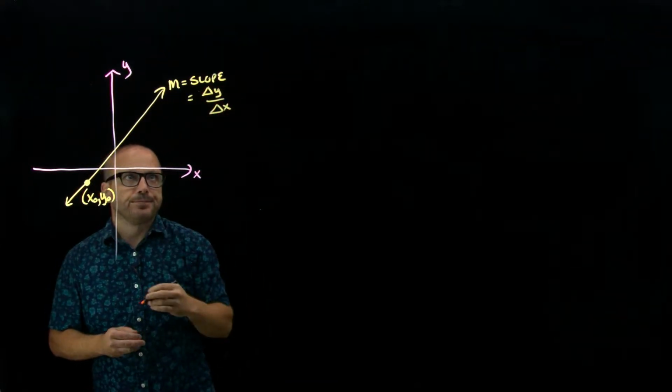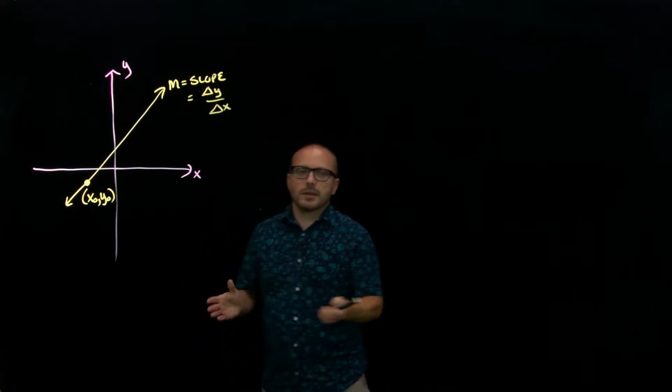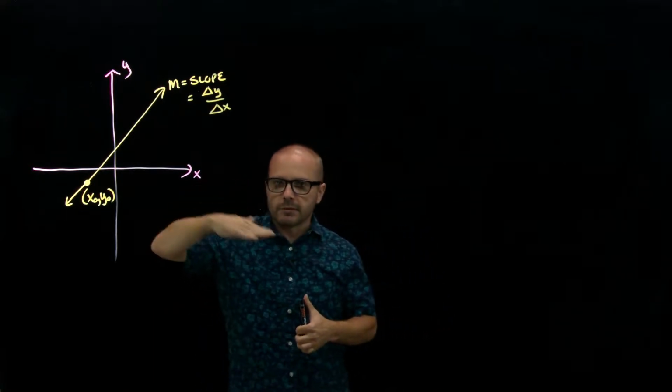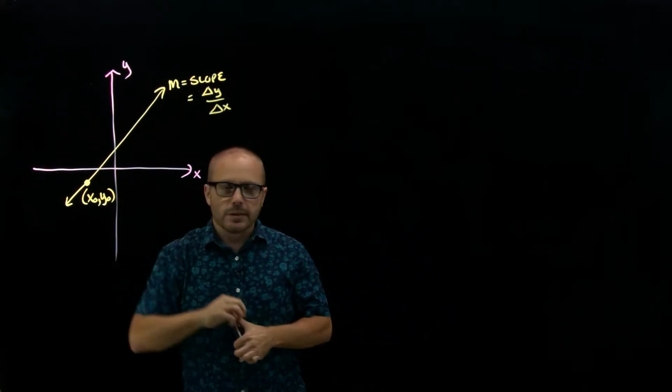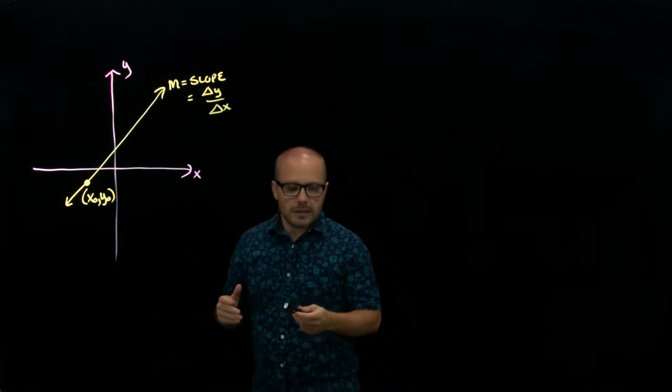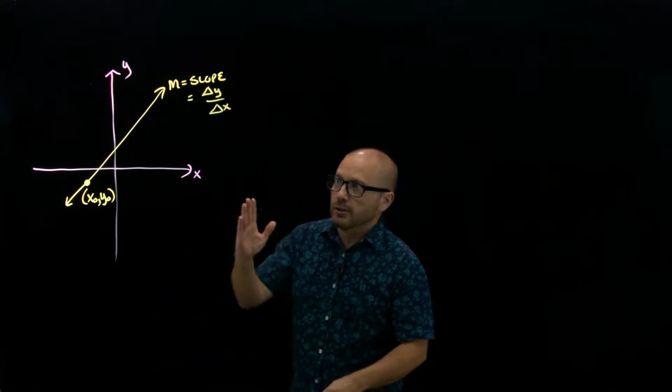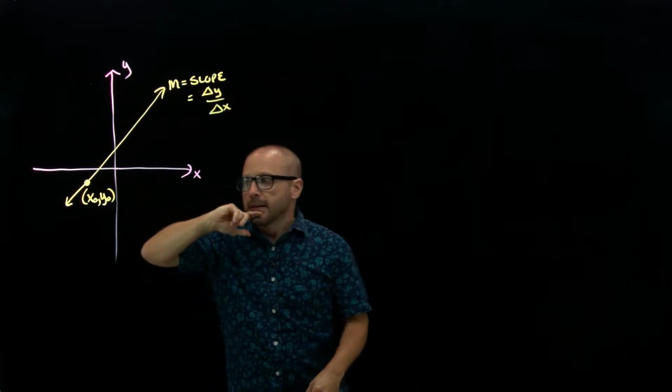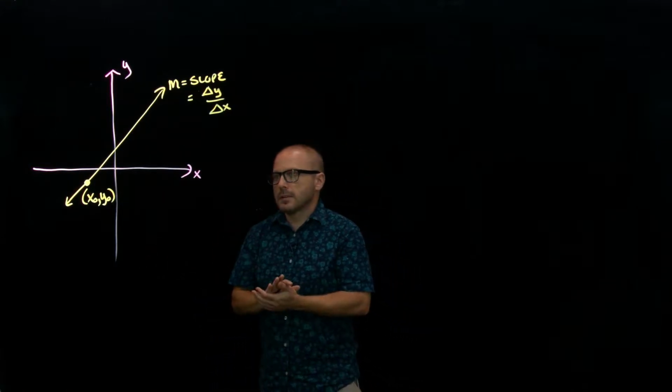Rise over run. Those two things define a line. If you know the tilt and where it's located, you have a line. And actually, vertical lines don't even have a slope, right?